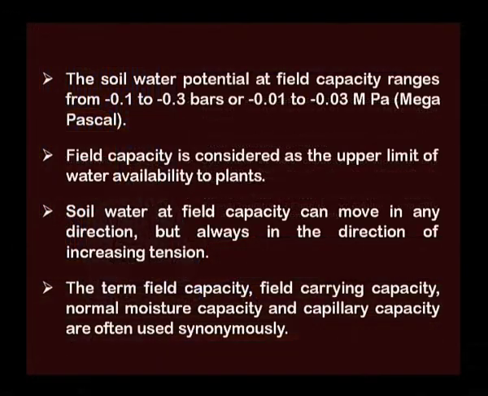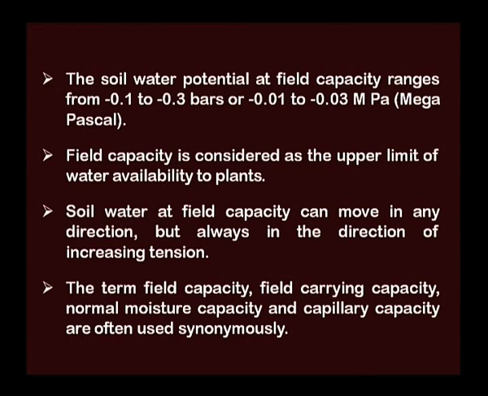The soil water potential at field capacity ranges from minus 0.1 to minus 0.3 bars or minus 0.01 to minus 0.03 megapascals. Field capacity is considered as the upper limit of water availability to plants.